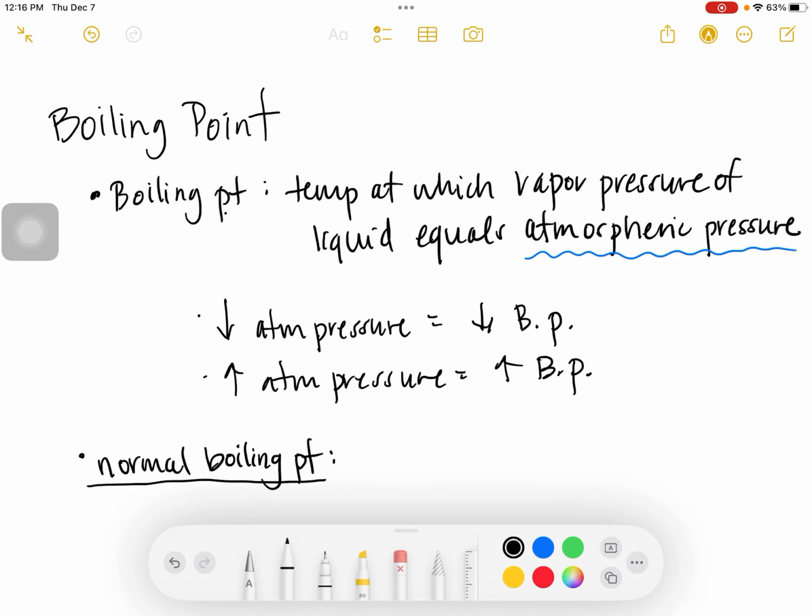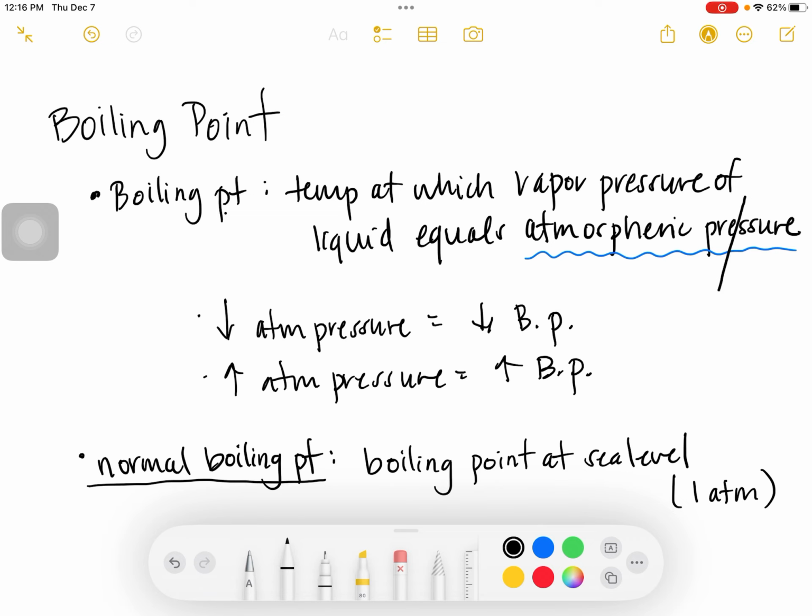And the normal boiling point is the boiling point at sea level, where the atmospheric pressure is what we refer to as 1 atmosphere, or 1 ATM is the abbreviation. Because what we're saying is if we change atmospheric pressure, which changes with elevation, then water can boil at temperatures that are not 100. And so 100 comes from the boiling point at sea level.